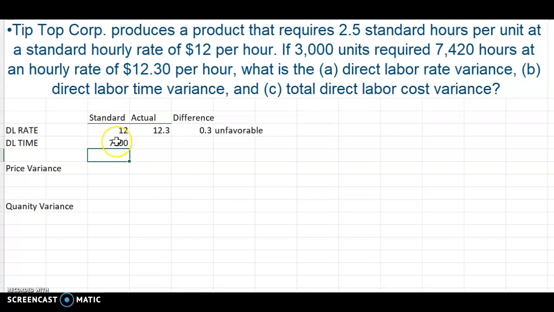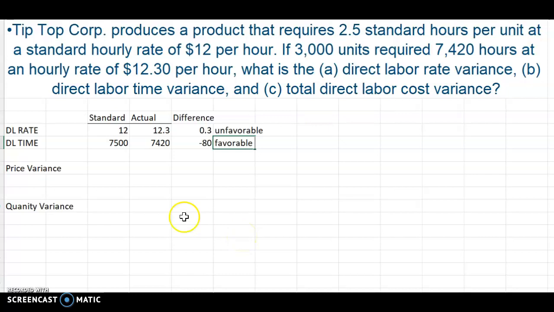And so that would be 7,500, but we're told that our actual is 7,420. So it took us less time than we were expecting. Less time is more efficient, so that is favorable.